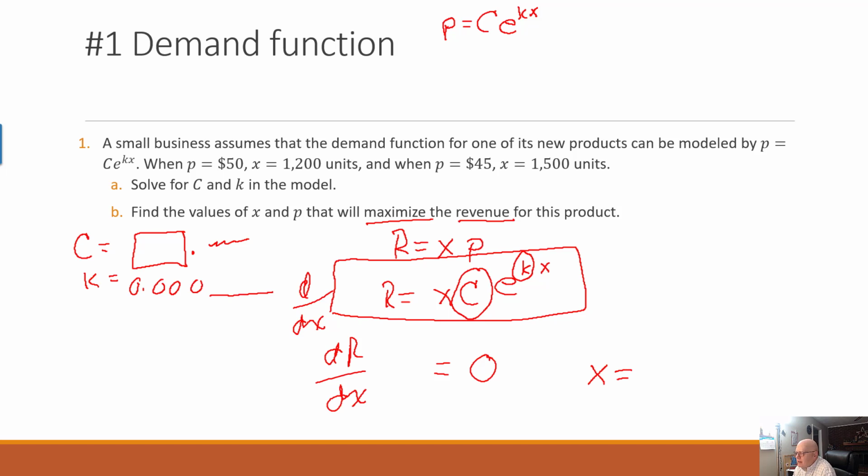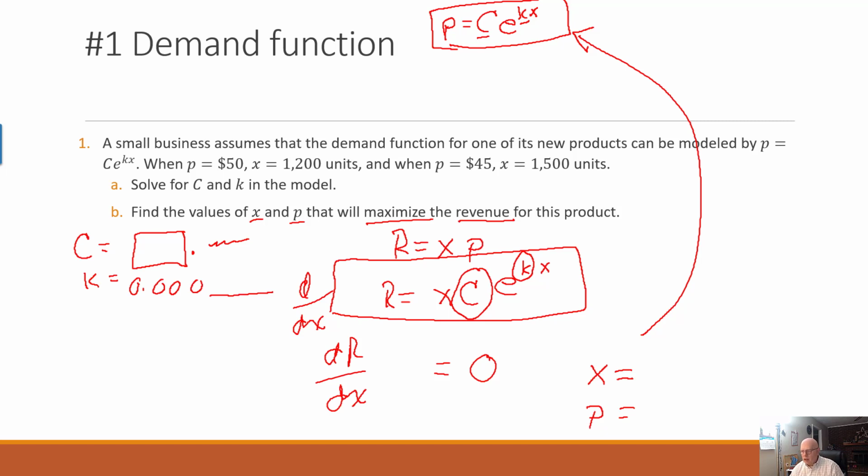Now let's see. Okay, so that will give you the x. You also need the price. Well, you've got a formula for the price. So once you've got x, all you need to do is go back up here, put the value of x in with the c that you know, the k that you know, everything's there. All you have to do is use the calculator and you'll have the price. That's number one.